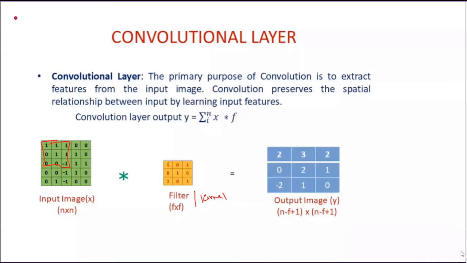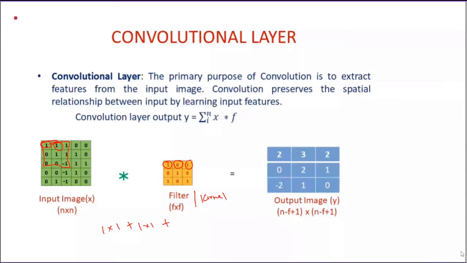So you get 1 into 1 plus, multiplying the second pixel value with the second pixel of the image, again 1 into 1 plus, multiplying the third pixel value with the third pixel value of the image, 1 into 1.